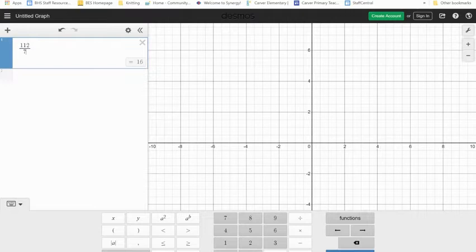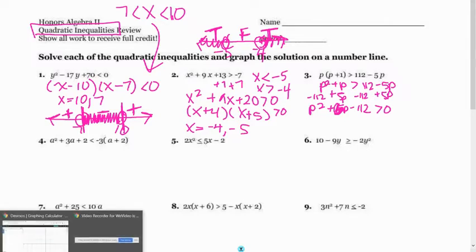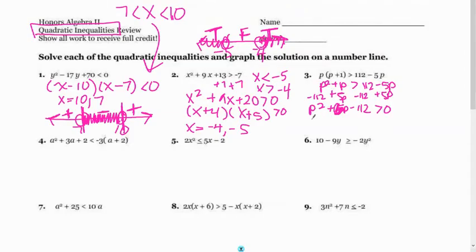Yeah, 7 and 16, that doesn't work because we want it to equal 5. So let's try it again. 8 and 14. There we go. So 8 and 14. So I'm going to get p plus 14, p minus 8.